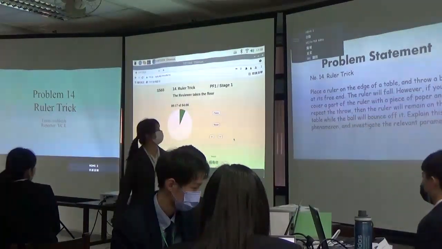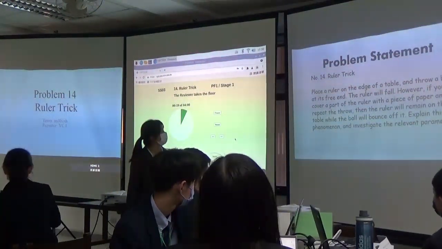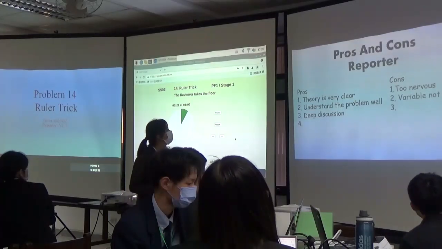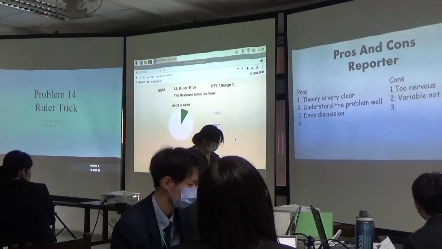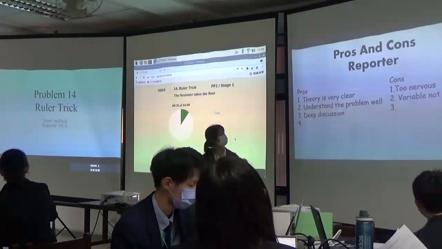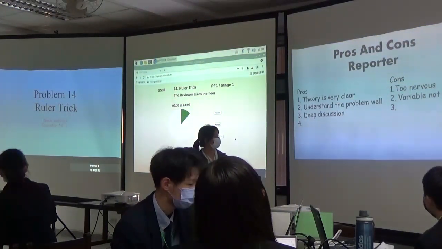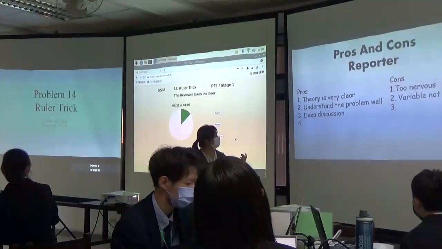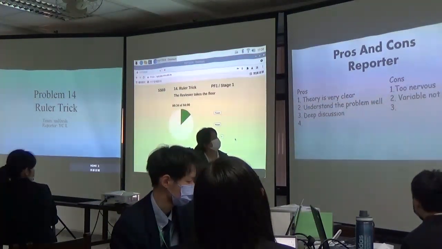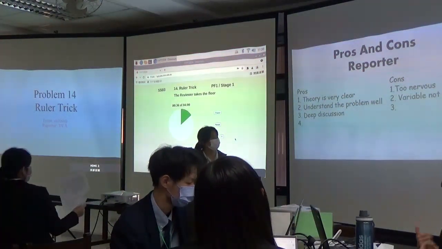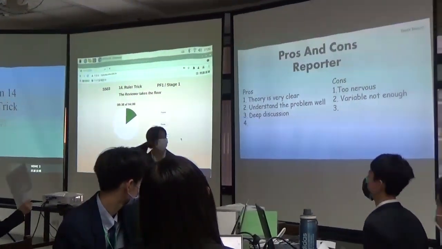Okay, so I'm talking about problem number 14, the relationship. The reporter's pros: the reporter's theory is very clear, he understands the problem well, and he has a deep discussion in it. But the cons: he is too nervous and the variables are not enough.